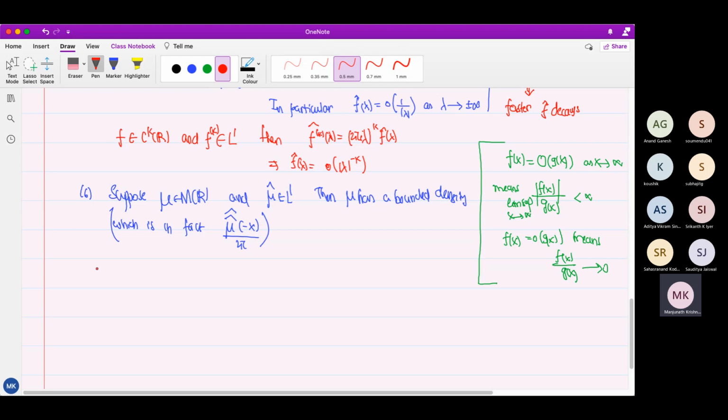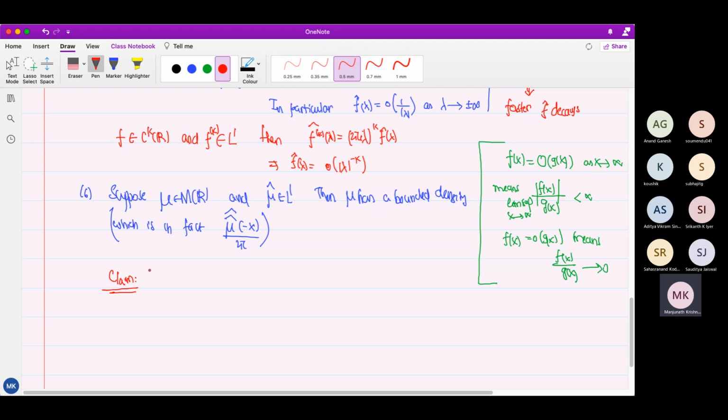So what we can show is, in fact, the claim is something more than this actually.